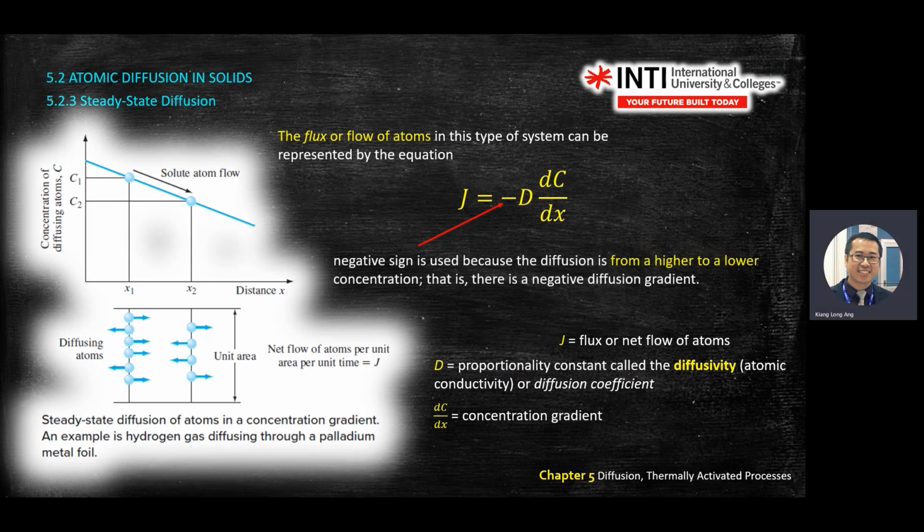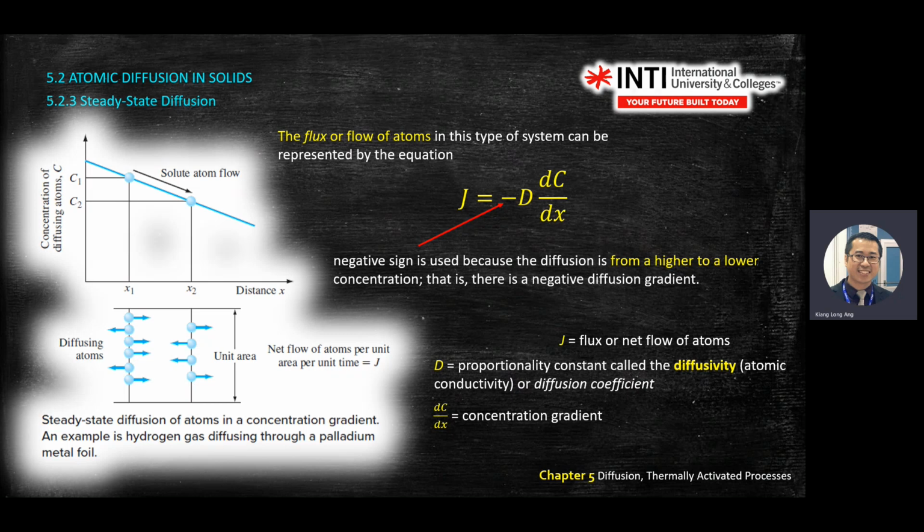The negative sign is used because diffusion happens from high to low concentration. Like the pressure principle, it moves from high pressure to low pressure, from high density into low density, high concentration into low concentration. So that's why you use a negative sign there.